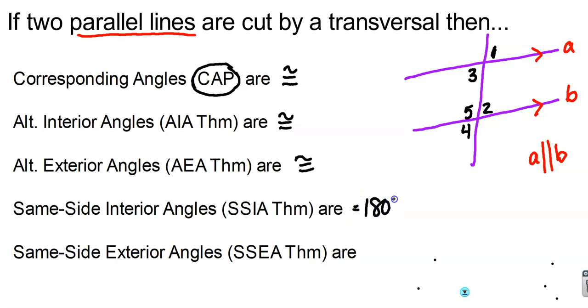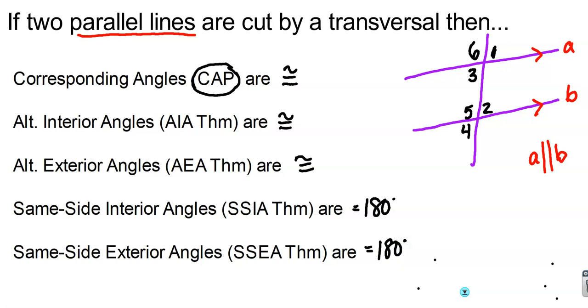So they add up to 180 degrees. And that's the SSIA, same side interior angles theorem. Again, everybody's a theorem except corresponding angles. That's a postulate. And then same side exterior could be like 4 and 6. They're on the same side, but they're on the exterior. And so those two angles also add up to 180.